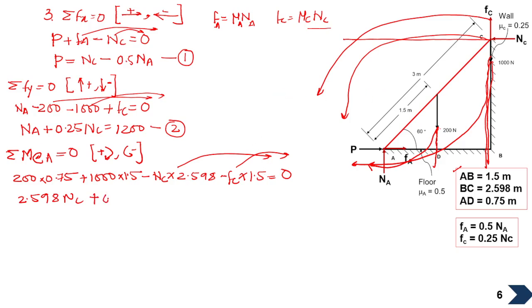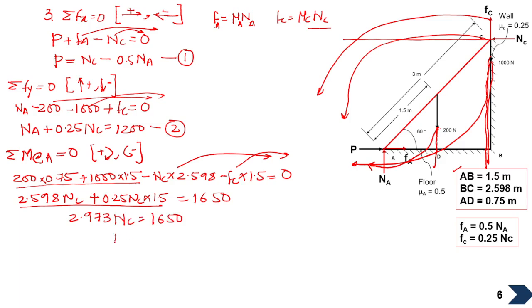So 0.25 NC into 1.5 into 1.5, this will give me 1650 if you solve it. Next, if you solve this one, you will get the final value as 2.973 NC, which is equal to 1650.